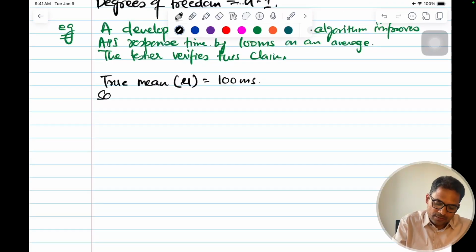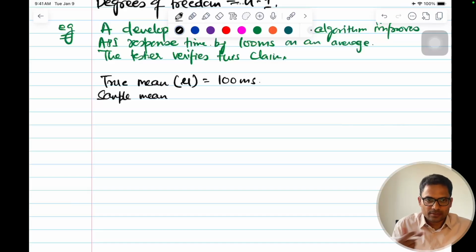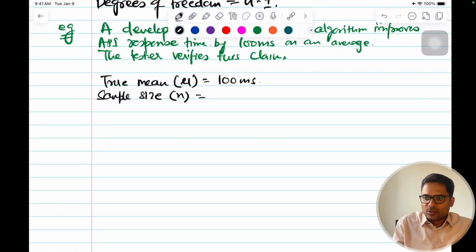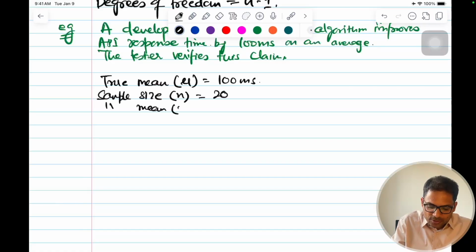We have sample mean. The tester ran this experiment say 20 times and found some average out of this. So there will be sample mean of all the API responses. This will be your x bar, and that was 115 millisecond.